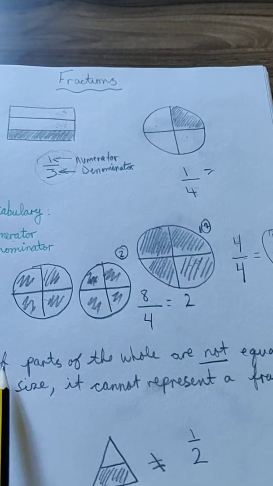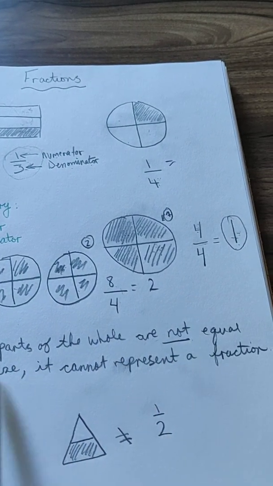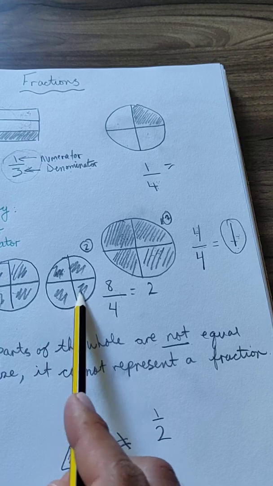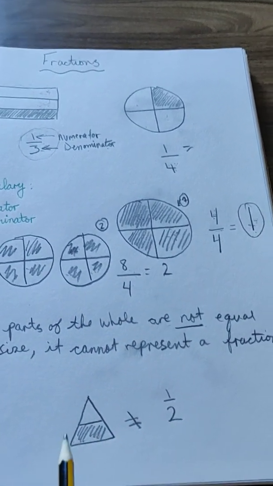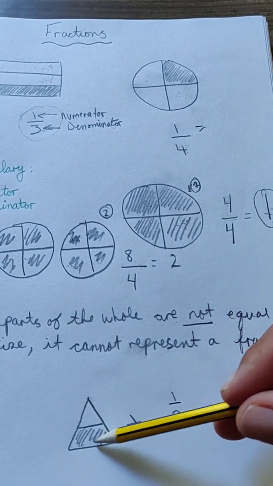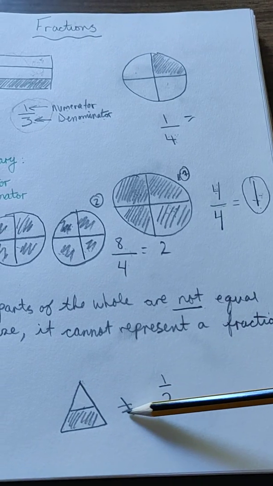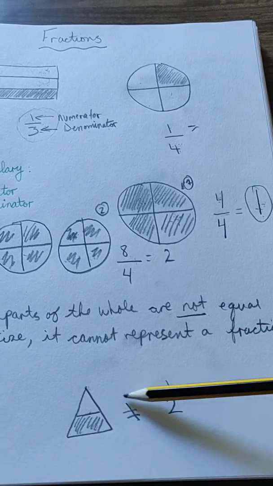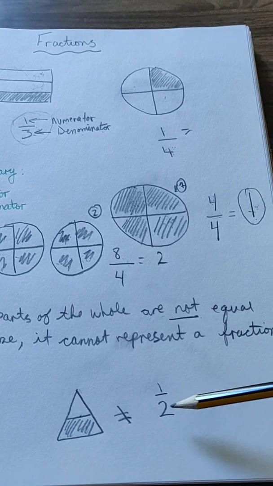Now again, let me just say that if parts of the whole are not equal in size, it cannot represent a fraction. So for example, in this particular case, I have got a triangle. So this is my shape, and I've shaded this. But this cannot be, okay, that's why it's not equal to 1/2. Why?